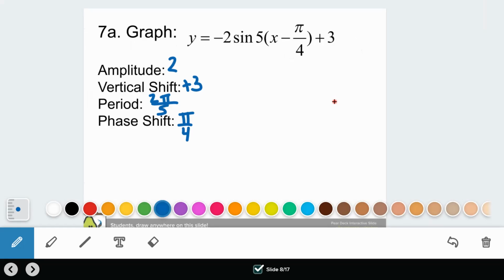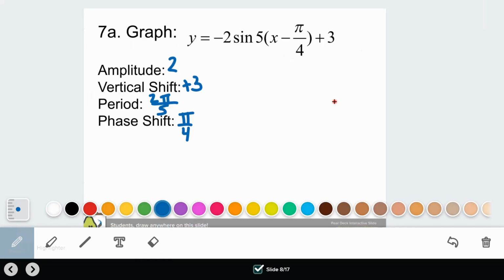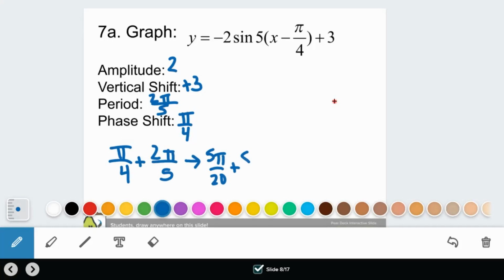Now, I am going to be starting at pi fourths, and I'm going to be going 2 pi fifths away, which means I'm going to have 5 pi 20ths plus 8 pi 20ths, which means our graph's going to end at 13 pi 20ths.